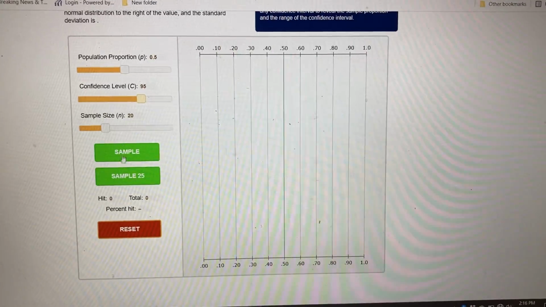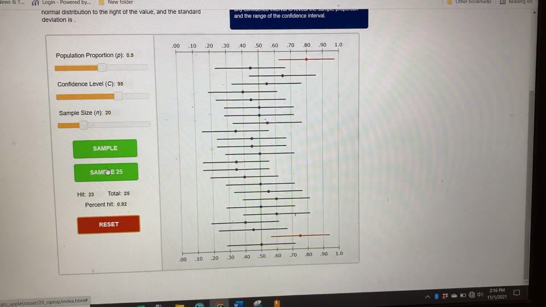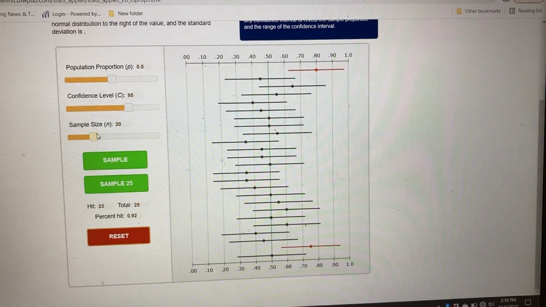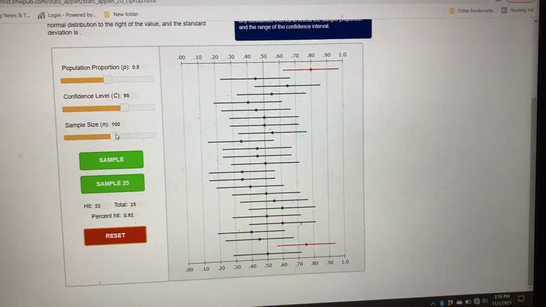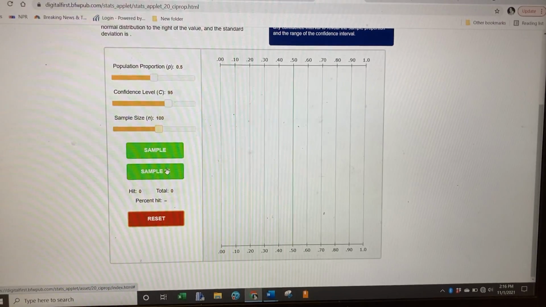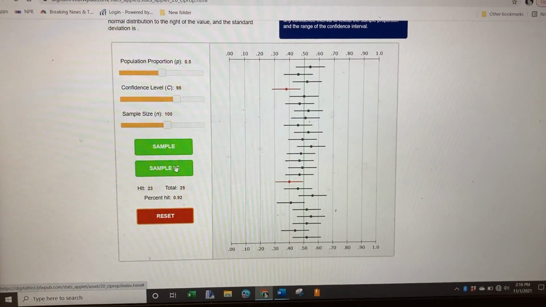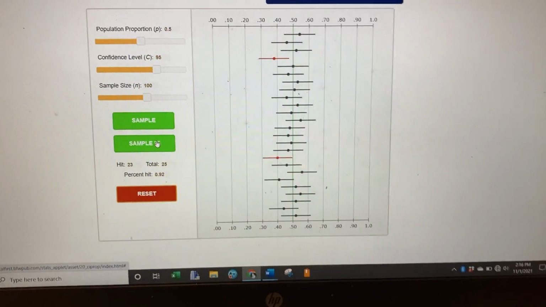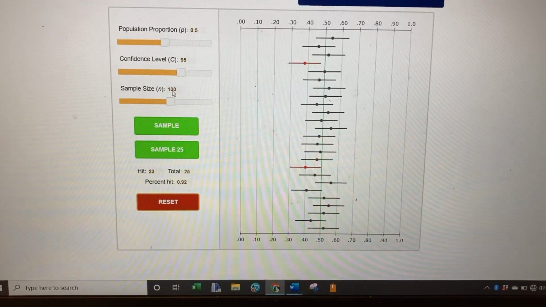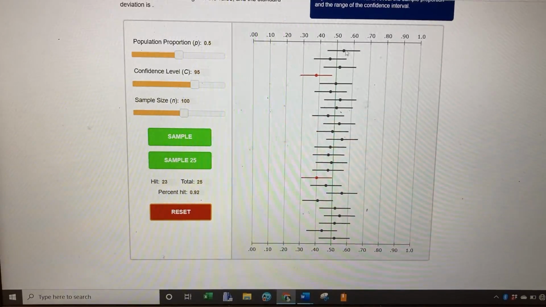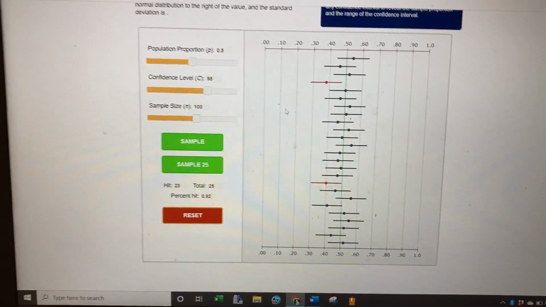So this is 20. And look what happens when I change it to 100. My intervals get much smaller. With a larger sample size, I'm more confident in a smaller interval.